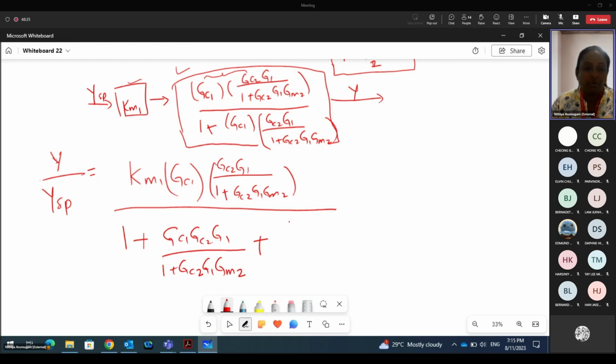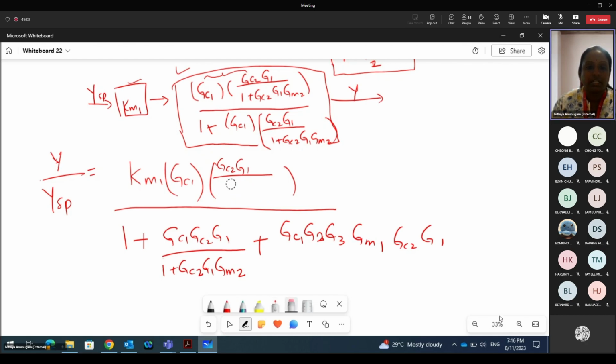And my current G is all these things, the GC1, GC2, G1, okay? So I'm going to get GC1, G2, G3, GM1, GC2, G1, okay? This is actually over the GCM. So by that, I can eliminate the denominator, right?